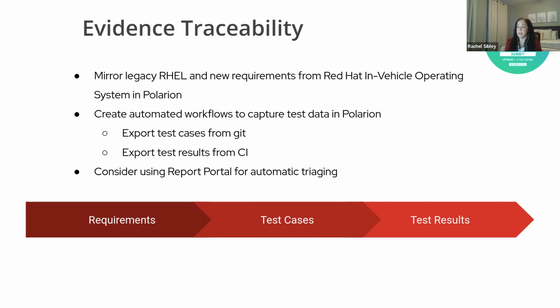We're also looking into using something called Report Portal. This is something I'll talk about in the next slide, but it's used for automatic triaging and taking test failures and making sure that they're tagged to an existing issue, whether it's a test issue, a product bug, or an infrastructure issue.